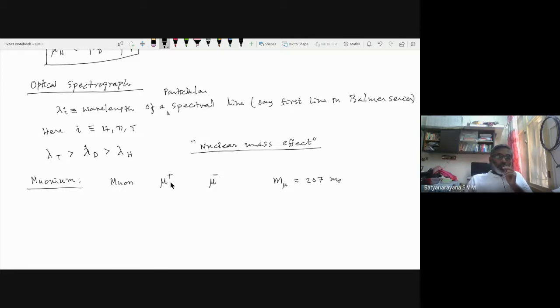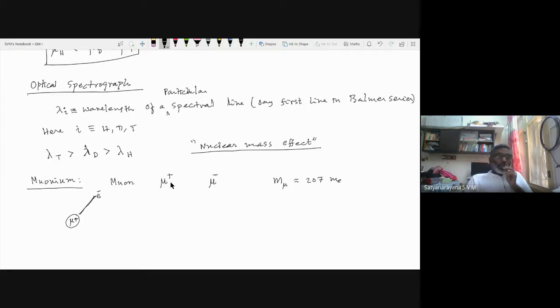Now, suppose I think of having a mu plus at the center instead of a proton, and then have an electron. So this is like a hydrogen atom, where instead of a proton at the center you have a mu plus, and that is what is called muonium.